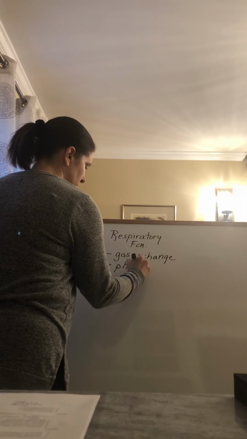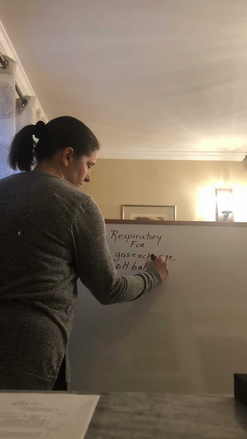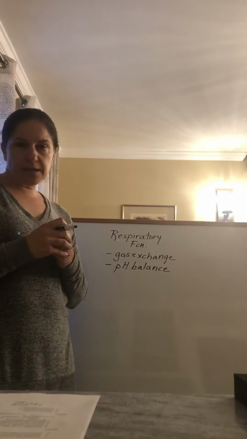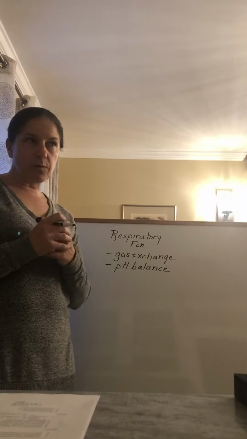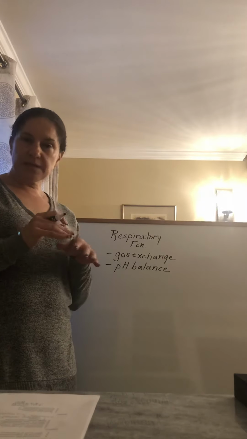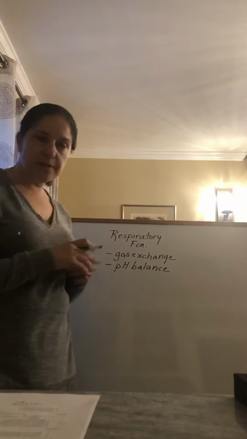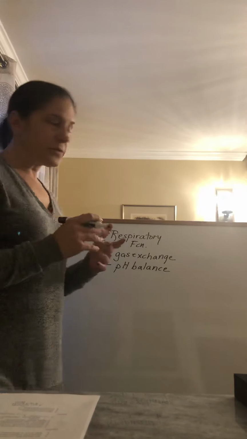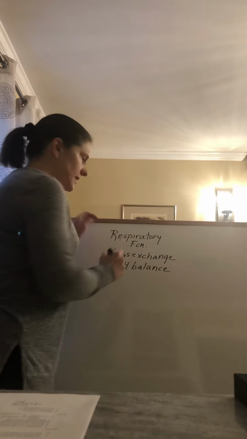Now we've been talking a ton about pH balance. The case study that I had mentioned in our quick recorded session that's in the folder, I'm going to send up an announcement about, is actually about pH balance, to review some of the things that we were doing prior to break. So the thing that we want to think about now is gas exchange.